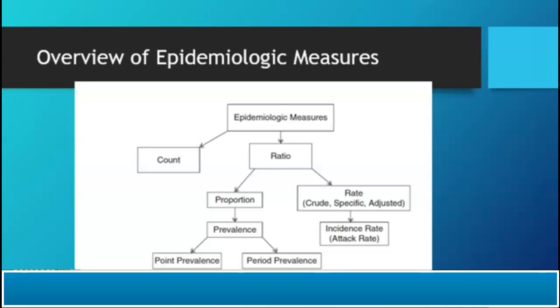I'm not going to go over the different types of prevalence, but for the sake of completion, in this diagram, there's point prevalence and period prevalence. Now, rate, which usually has to do with some sort of time, is usually depicted by incidence rate. I'm going to go over this a little bit more in this lecture.